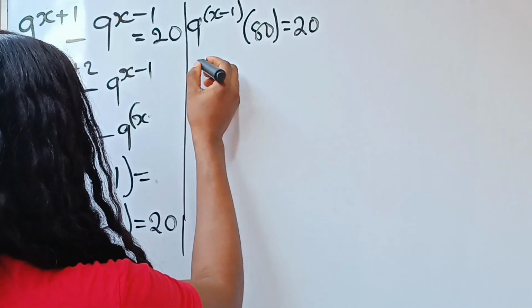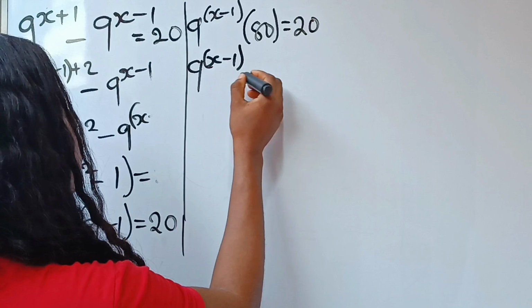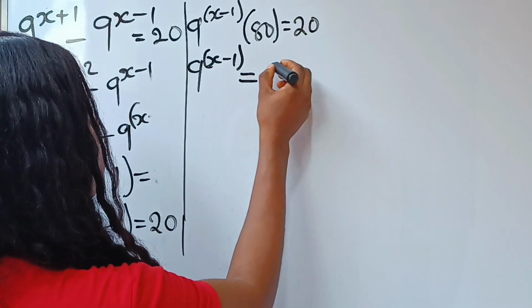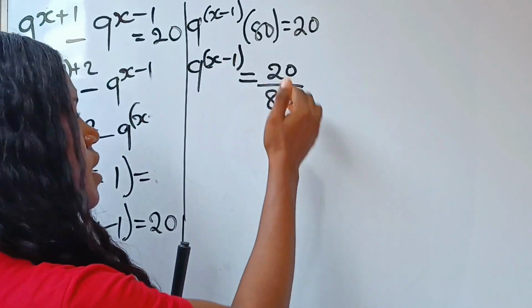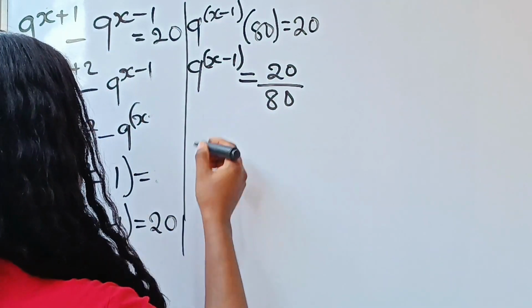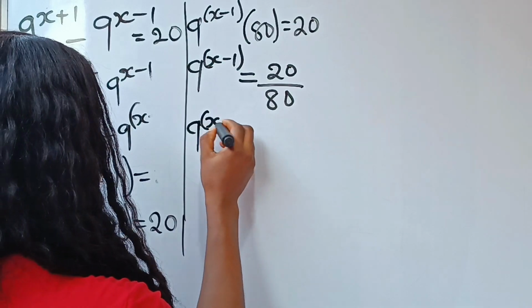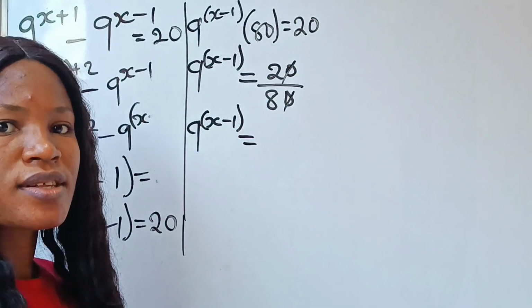When we do that, we have 9 to the power of x minus 1 is equal to 20 divided by 80, if we divide both sides of the equation by 80. So we have 9 to the power of x minus 1 is equal to, 0 will cancel itself.